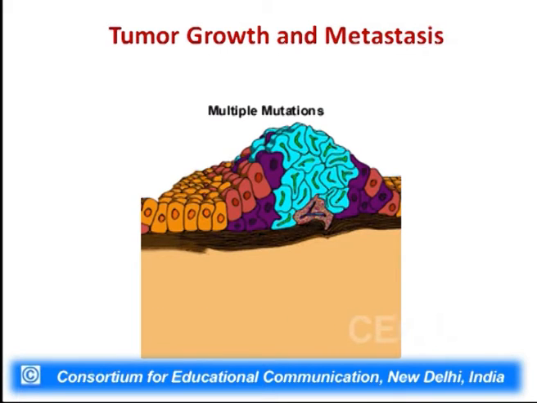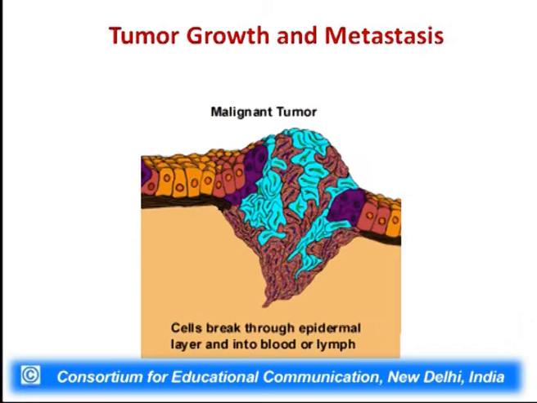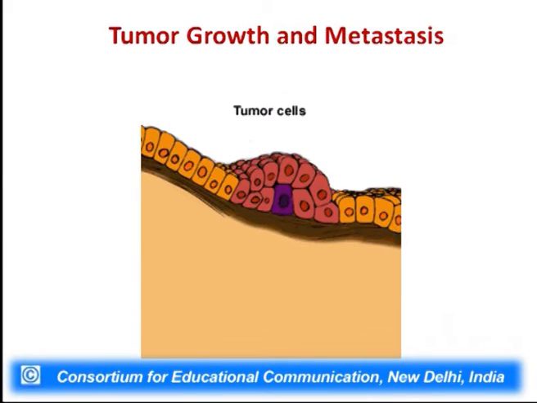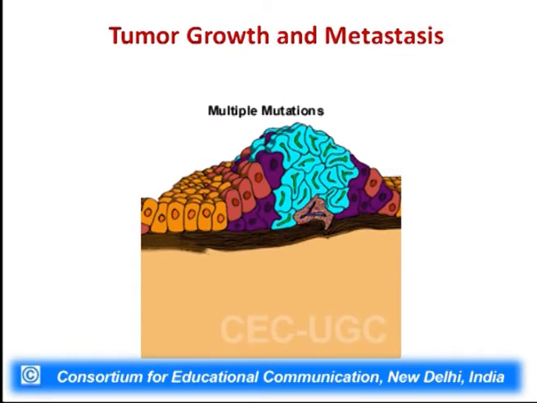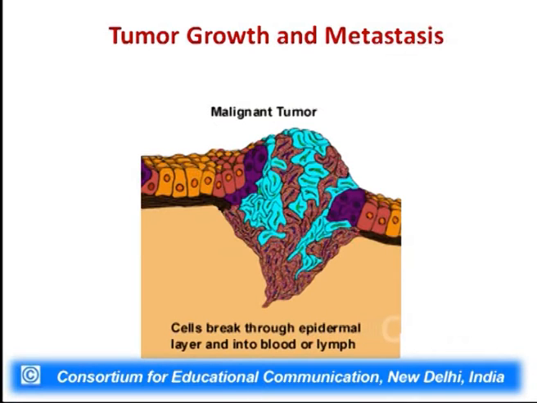A mutation occurs, due to which there is uncontrolled growth of cells. These uncontrolled cells get released from their position, move through the blood vessels into other parts of the body and cause the metastasis stages. So these are the various stages of tumor growth and metastasis which occur in cancer cells.